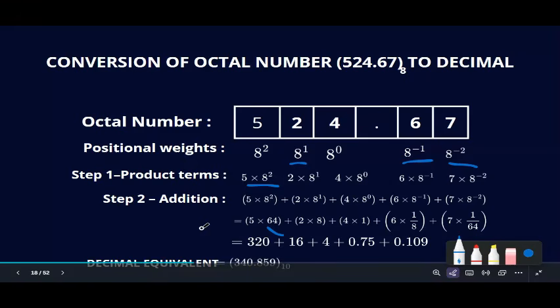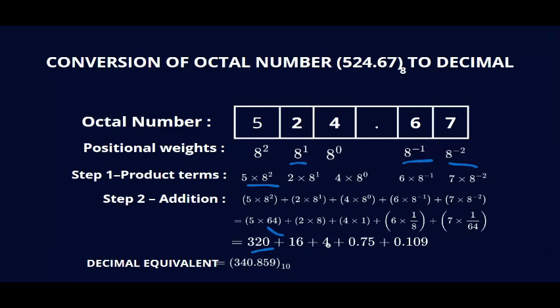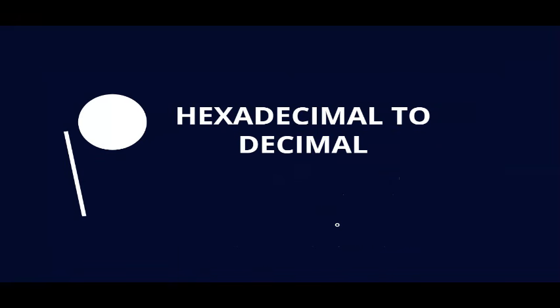After multiplying, we get 5 into 64 is 320, 2 eights are 16, 4 ones are 4, 6 by 8 is 0.75, and 7 by 64 is 0.109. Taking all these sum, we get the decimal counterpart as 340.859. Next is the hexadecimal to decimal conversion.